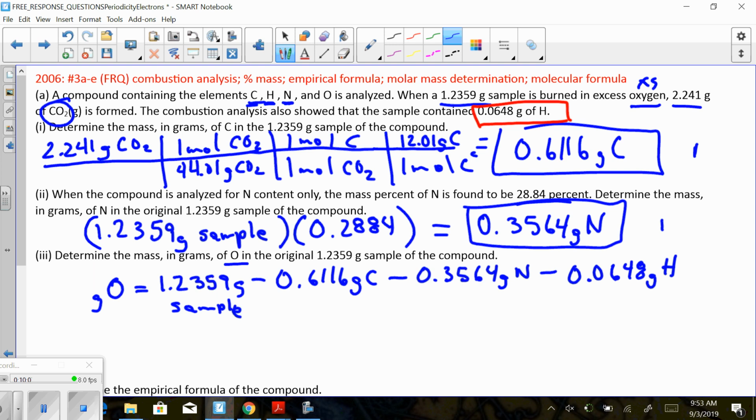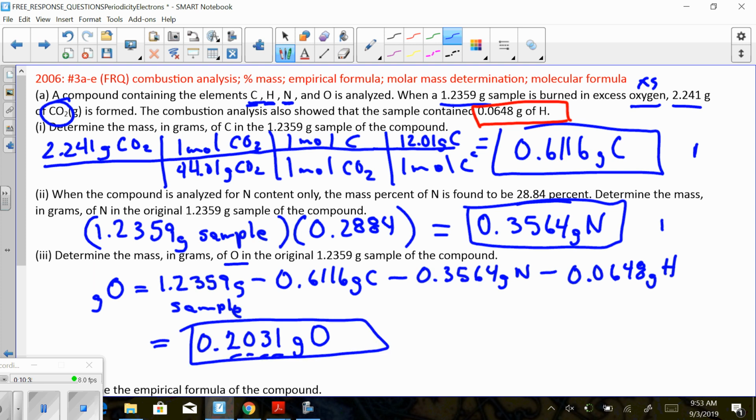And so everything that's left is our oxygen. And so when we subtract all of those, we get this number, 0.2031. To do the math on this, if you have 4 places past the decimal when you subtract in each of these, our answer should have 1, 2, 3, 4 places past the decimal. Okay, and this answer is also worth 1 point.